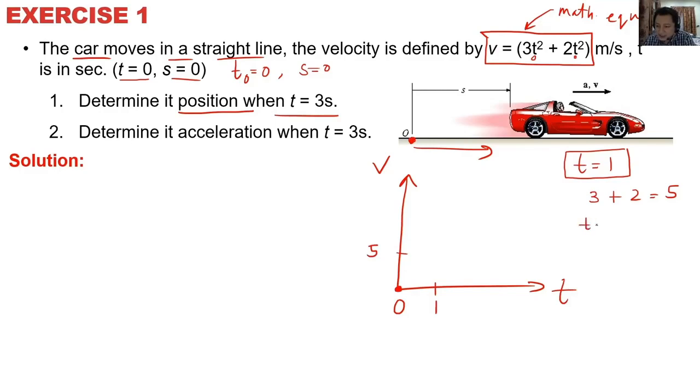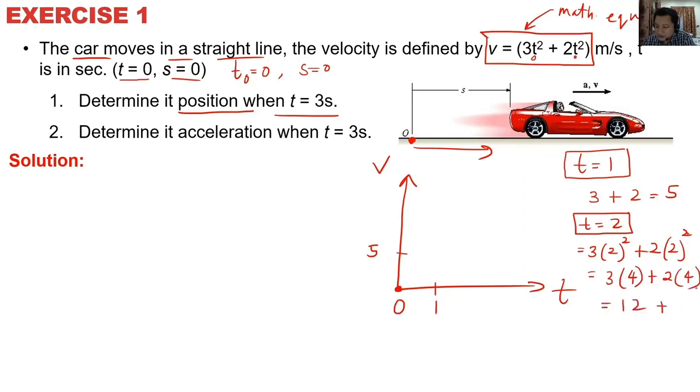If you put t equal to 2, then 3 times 2 squared plus 2 times 2 squared. So what do you get? 3 multiplied by 4 plus 2 multiplied by 4. 12 plus 8, 20 meters per second.